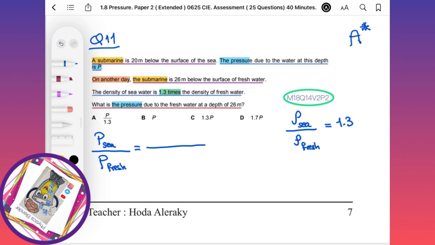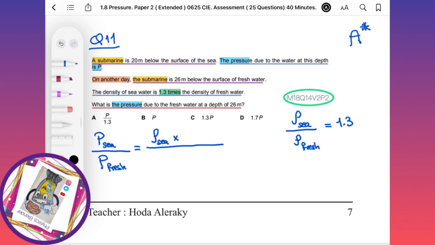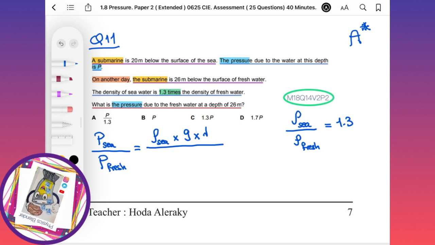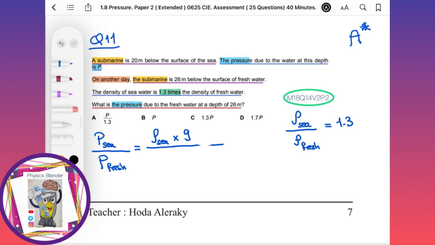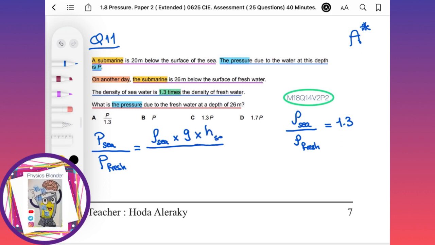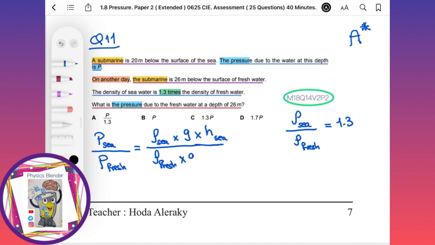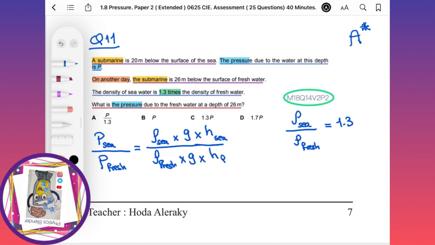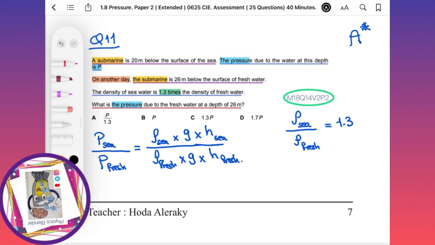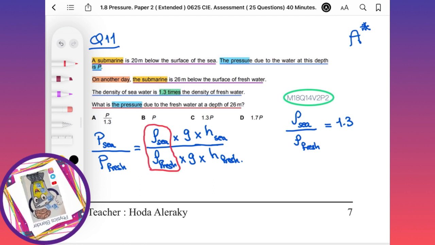So let's substitute: pressure of sea, density of sea water times g times depth, h due to sea, over density of fresh water times g times depth due to fresh water. Okay? Let's simplify and rearrange. When you simplify, this ratio is given as 1.3.